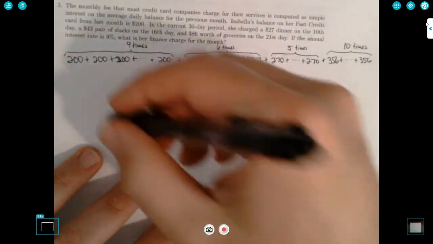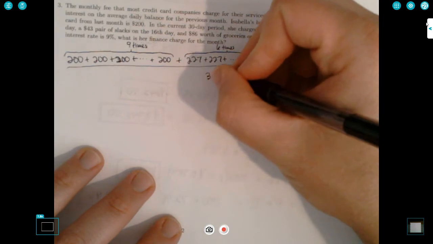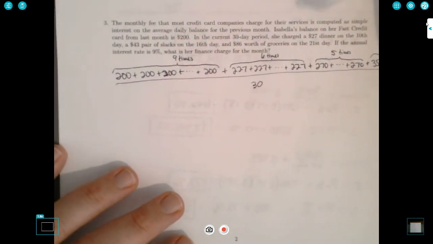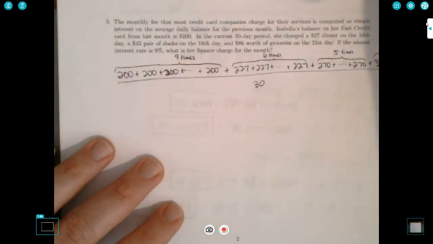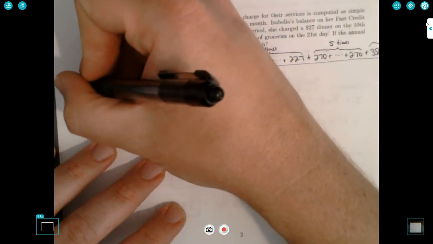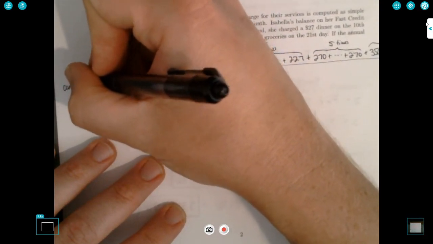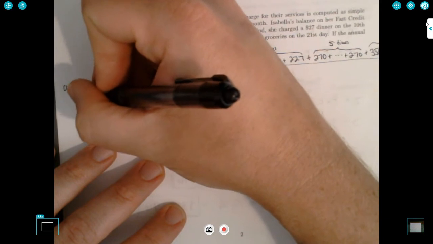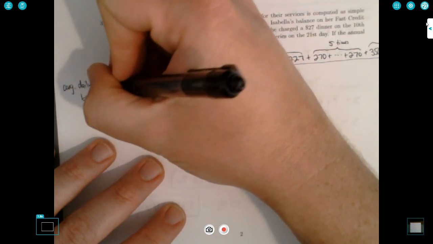Okay, and that accounts for all 30 days, and then we would divide that by 30 days, right? This is her average daily balance. There's a shorter way to write this, of course.